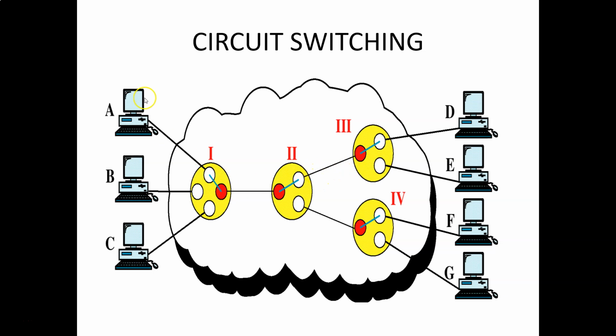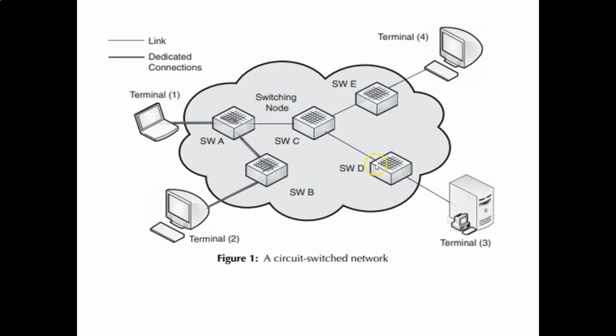If A needs to send data to G, these are the various nodes available that are interlinked. So if device A needs to send the data to device G, through the nodes 1, 2 and 4, the data will be sent.